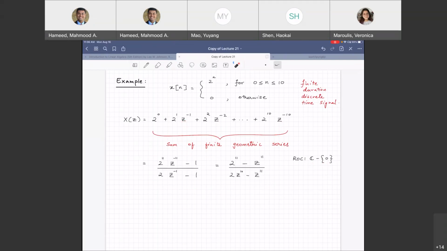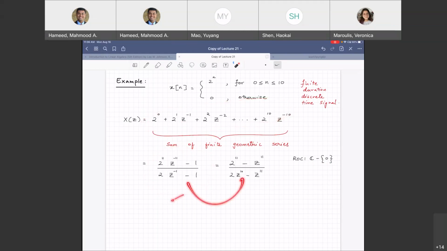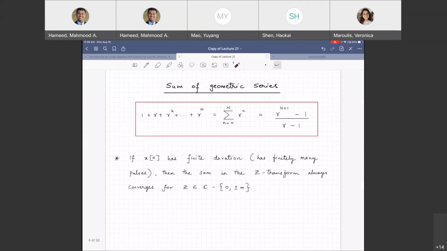Now the question is, how did I go from here to here? The last step is pretty straightforward, but this to this is actually being done by using the formula to compute the sum of a geometric series. You guys have seen this before, I believe, many times. Sum of a geometric series. So if you have a series here, 1, r, so on up to r to the n, this has n plus 1 terms.